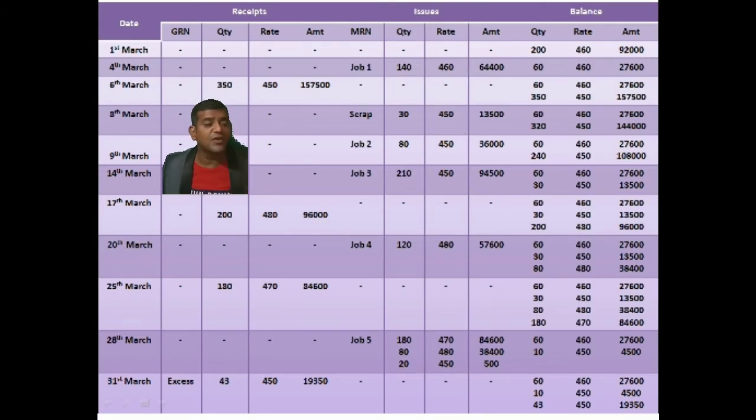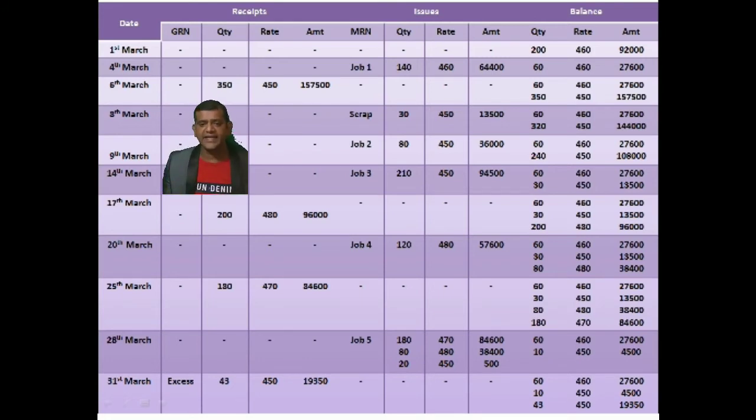So now moving on to the 9th March. So there is an issue. So when there is an issue, the receipts column will become nil. That is GRN nil, quantity nil, rate nil and amount also nil. And under issue column, MRN job 2, quantity 80 tons at rupees 450, because LIFO, the recently added should be issued first.